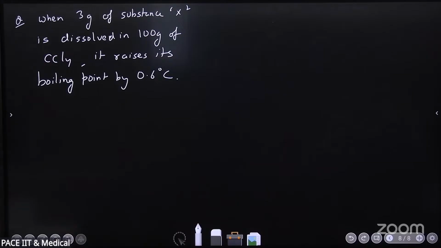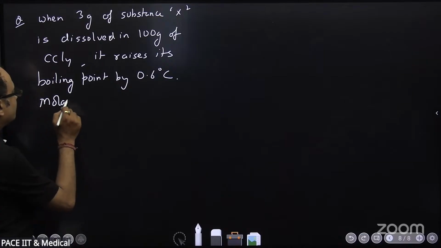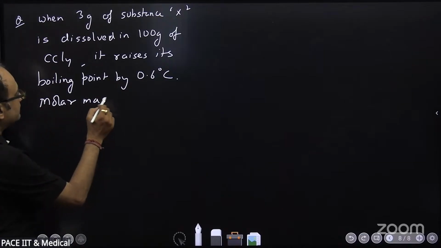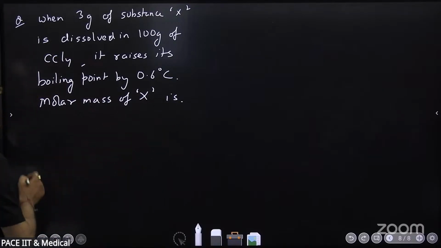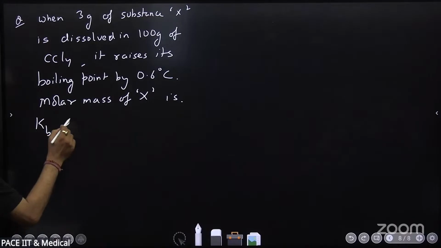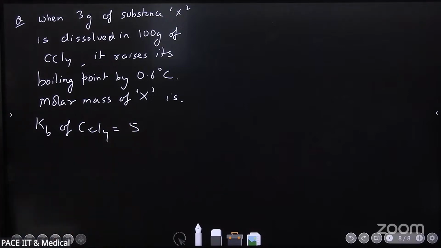What is the molar mass of X? The Kb value of CCl4 is given to you as 5. Try to make an approach to this problem.